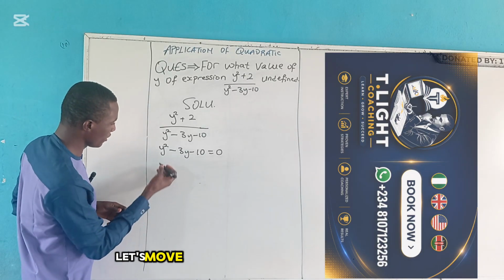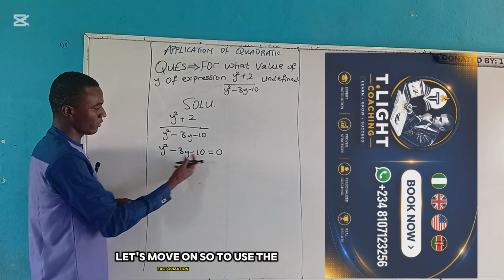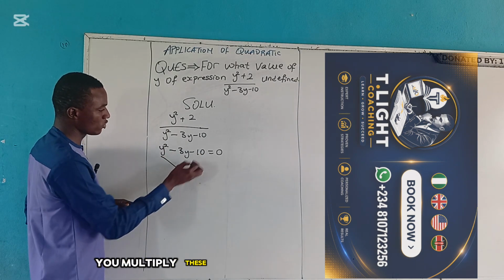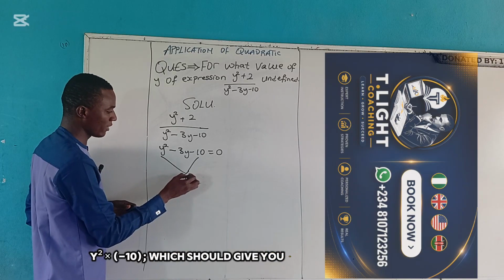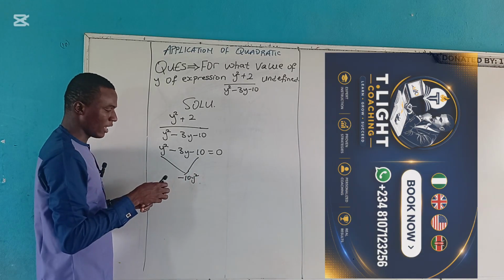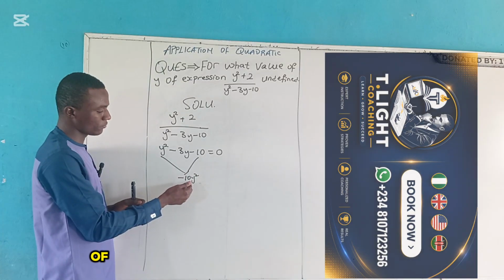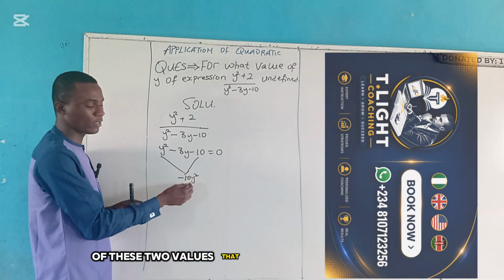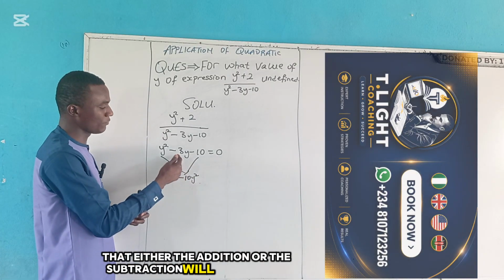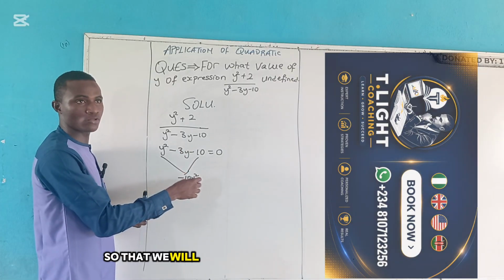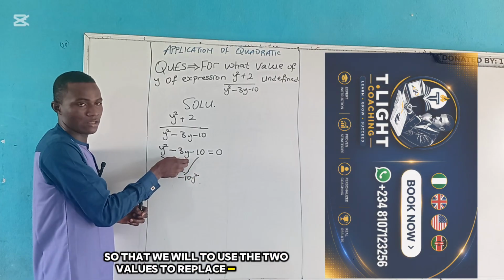So let's move on. To use the factorization method, you multiply these two together, y squared multiplied by minus 10, which will give you minus 10y squared. Then you look for two values that will give you minus 10y squared, that either the addition or the subtraction will give you minus 3y, so that we're going to use the two values to replace minus 3y here.